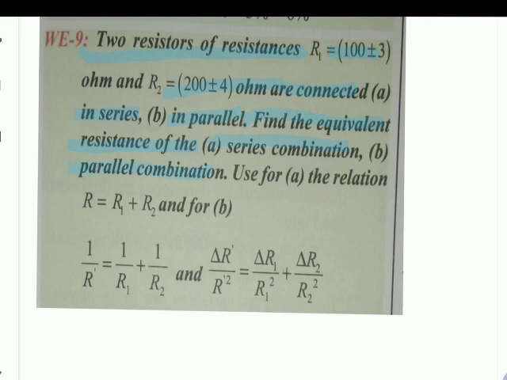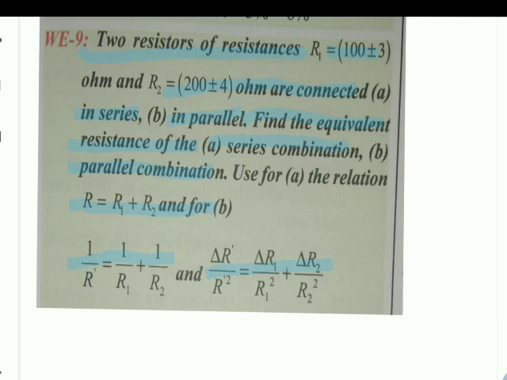Use for A the relation R is equal to R1 plus R2, for B 1 by R dash is equal to 1 by R1 plus 1 by R2, and delta R dash by R dash square is equal to this one.